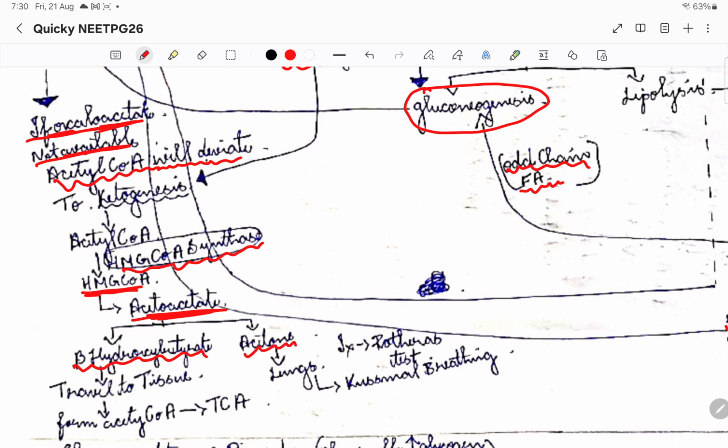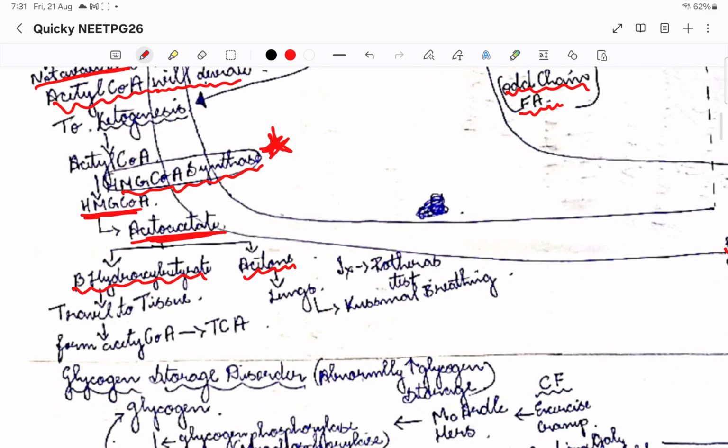So this is the pathway of ketogenesis. Acetyl CoA cannot undergo the TCA cycle, so that is when it is converted into HMG CoA with the help of HMG CoA synthase. This enzyme is very important. Now this HMG CoA is converted to acetoacetate, and acetoacetate will be converted to beta hydroxybutyrate and acetone.